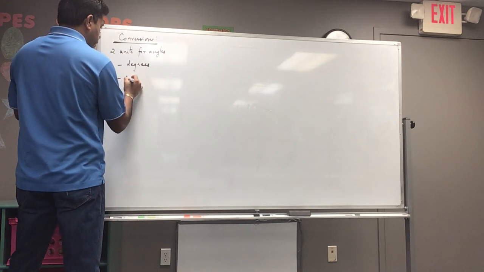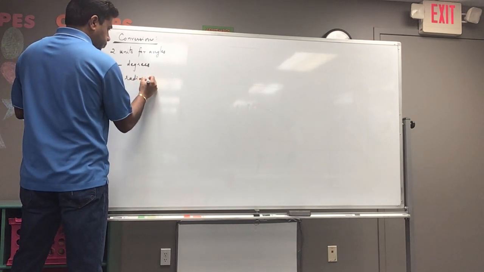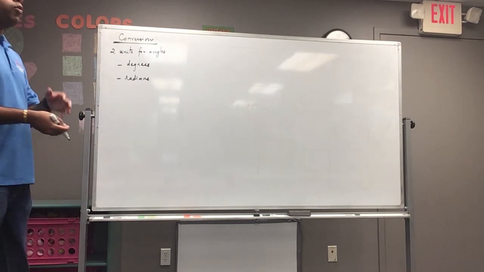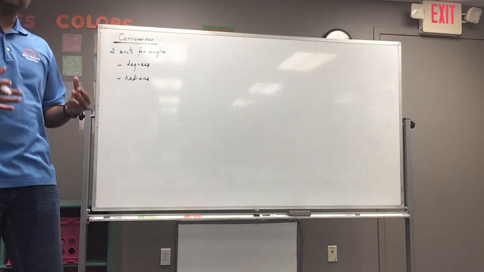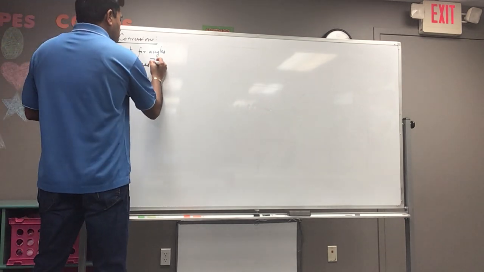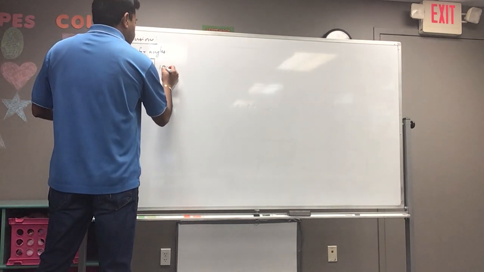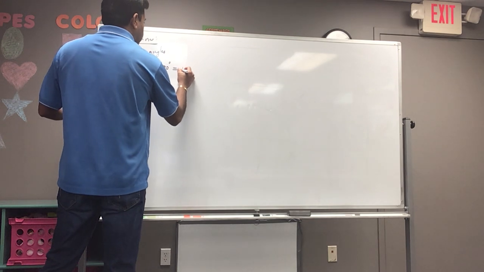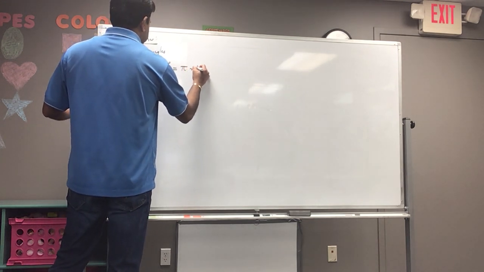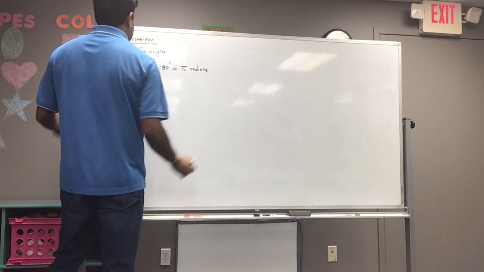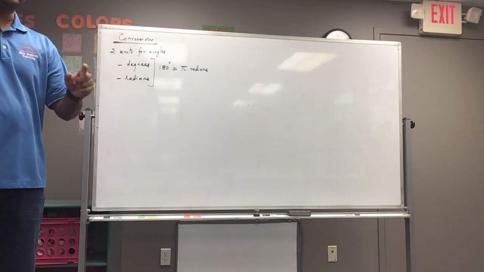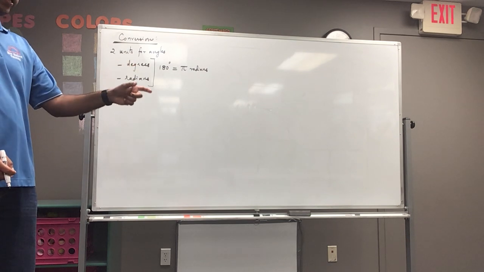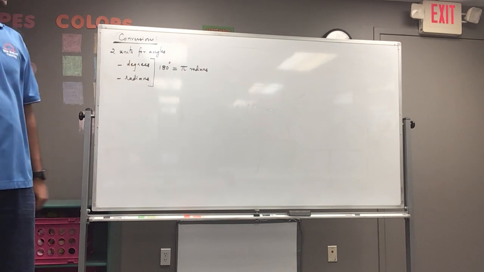And there's another called radians. Just like 1 feet is 12 inches, there's also a relationship here. 180 degrees is pi radians. Sounds good? 1 feet is 12 inches. Similarly, 180 degrees is pi radians.